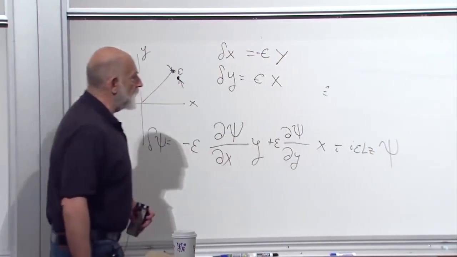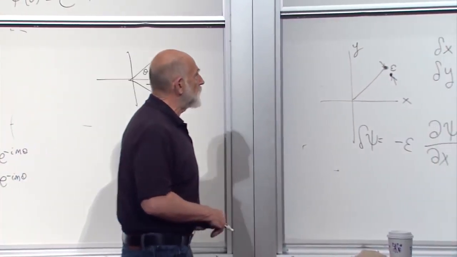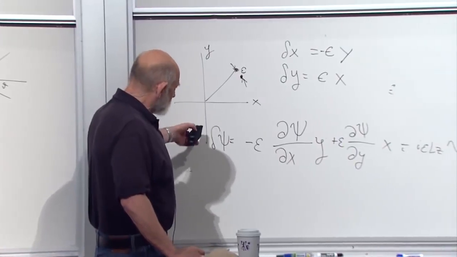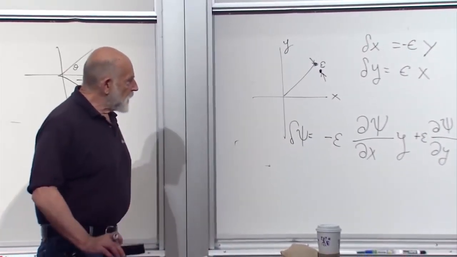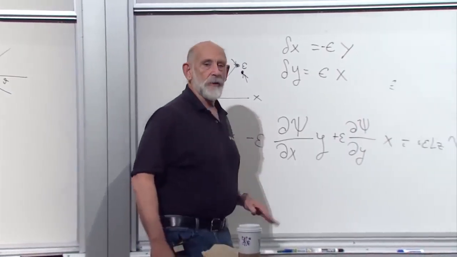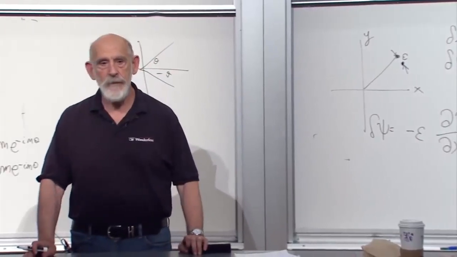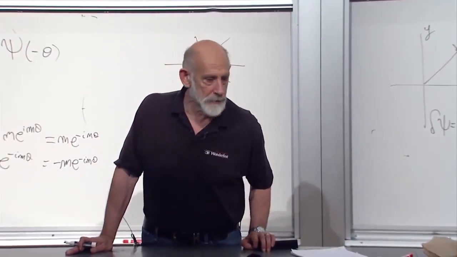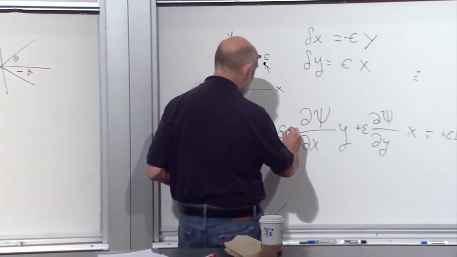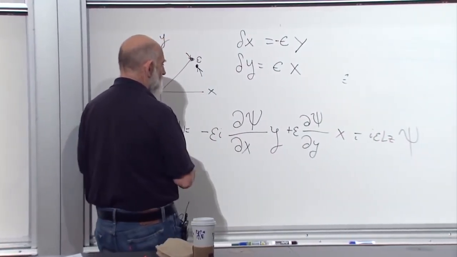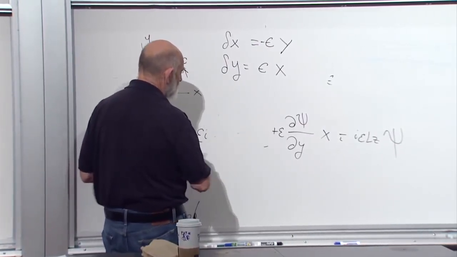Now it's much too late in the evening for me to follow the signs, so I won't. I'll leave the signs for you to figure out yourself. But it has this form. But what is d psi by dx in quantum mechanics? I times px. So this is another factor of I, and this is y times px.